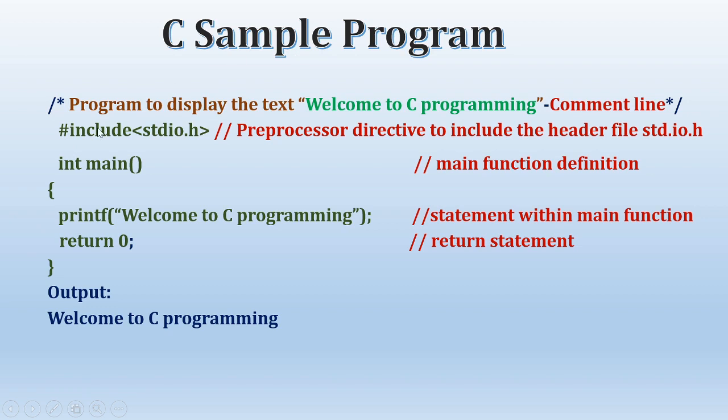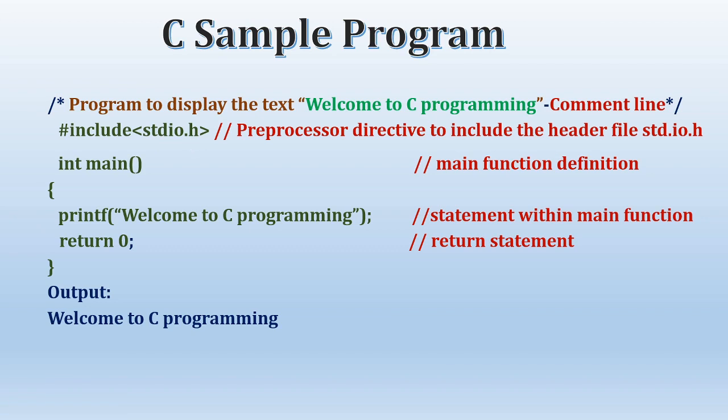Then you have your hash include stdio.h within angle brackets. This is the preprocessor directive, and it instructs your compiler to include this stdio header file into your program so that you can make use of scanf and printf.